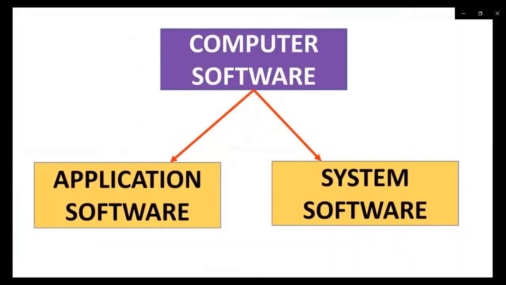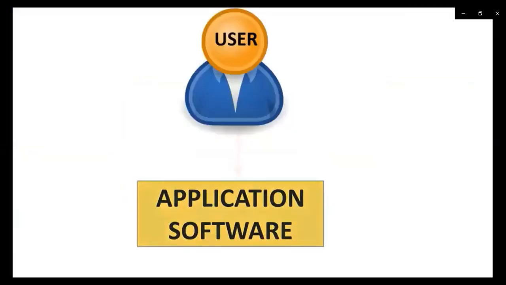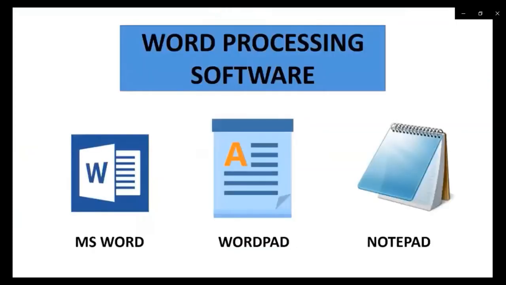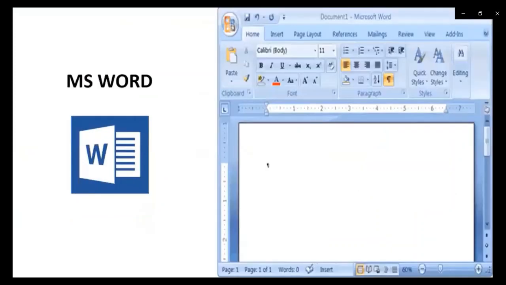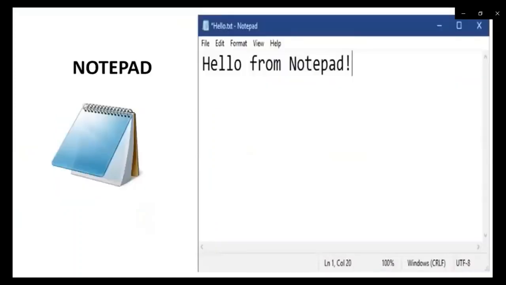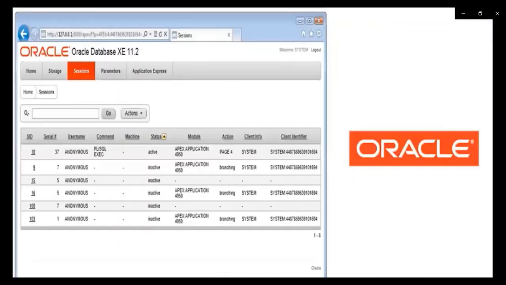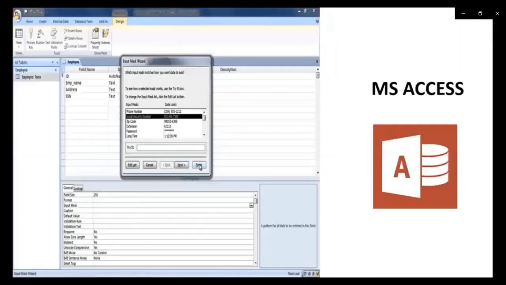Computer software is divided into application software and system software. Application software are programs that help the user perform specific tasks. Word processing software like MS Word, WordPad, and Notepad are used to create documents such as letters, reports, etc. Database software like Oracle and MS Access are used to store data and perform operations on the data.